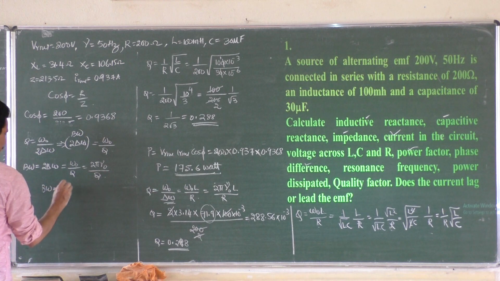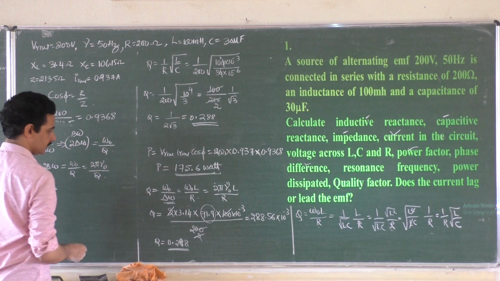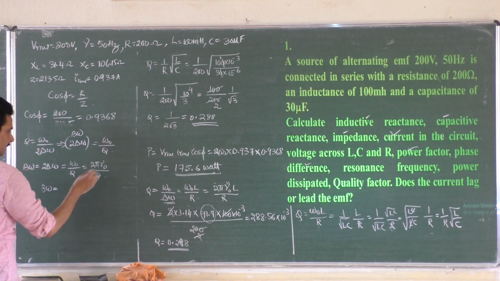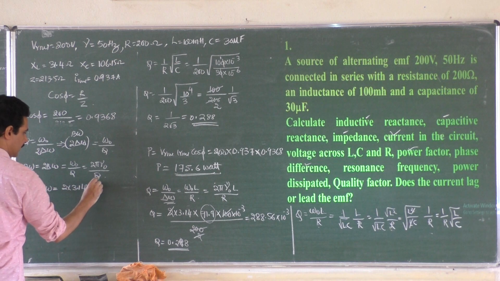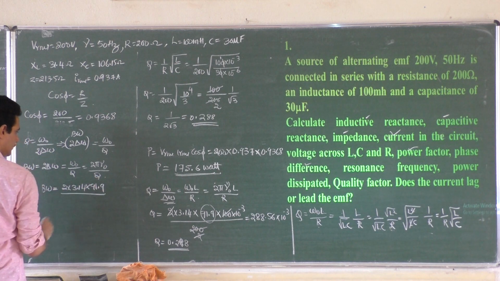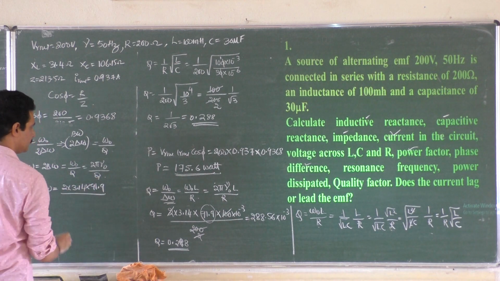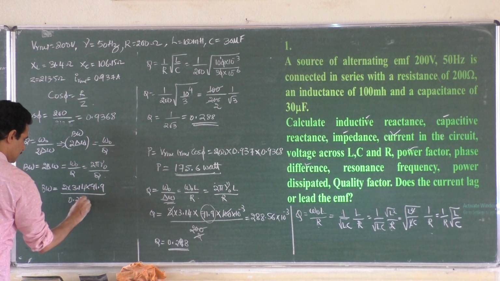Bandwidth is equal to 2 pi nu naught by Q, with nu naught 91.9. The quality factor we have calculated is 0.288.